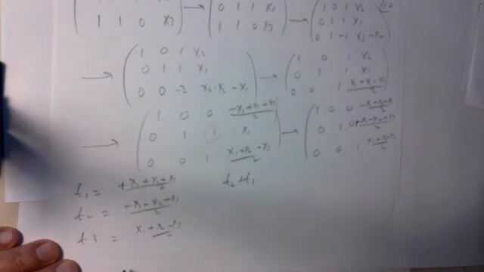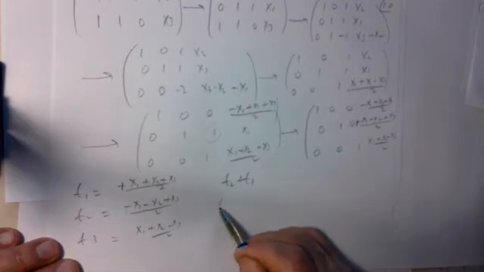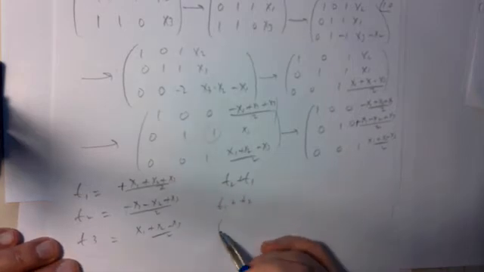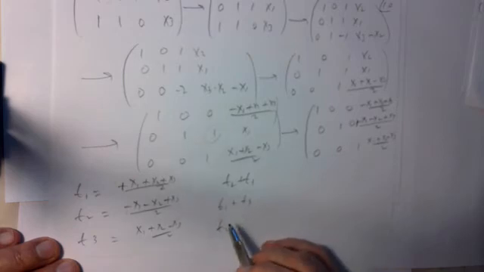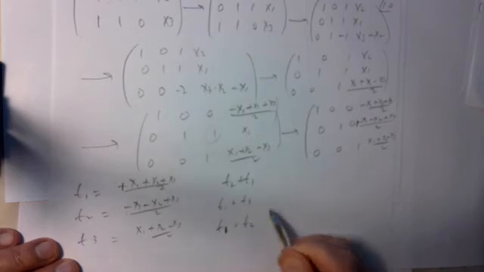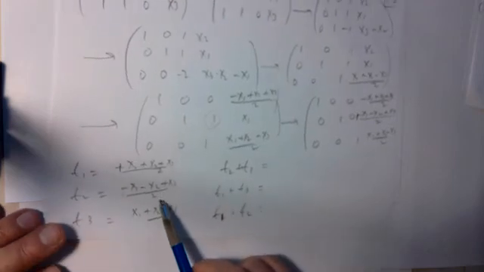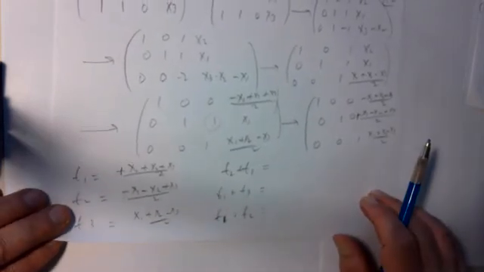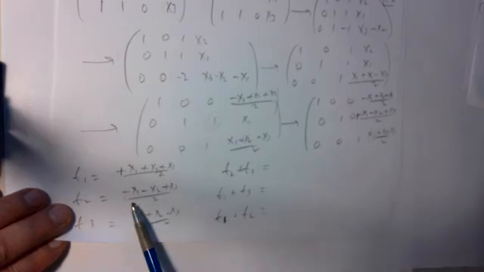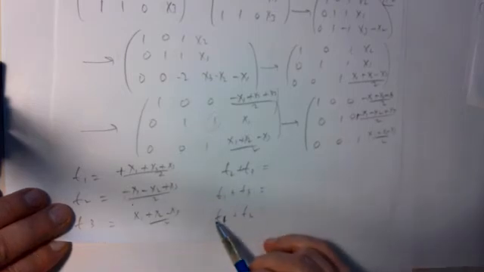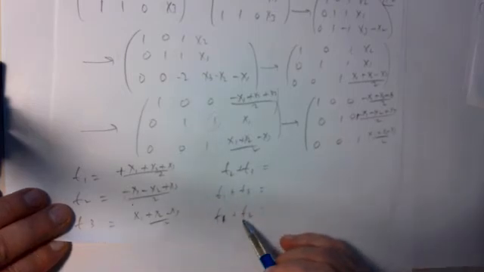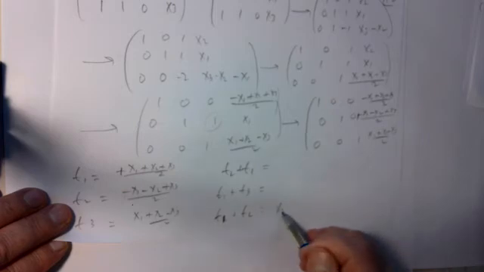So, no, that's plus. So T2 plus T3, T1 plus T3, T2, T1 plus T2. So T1 plus T2 is x3.